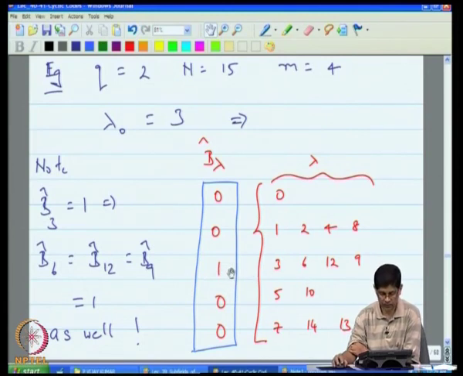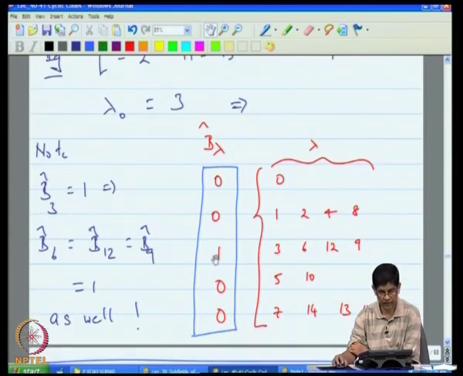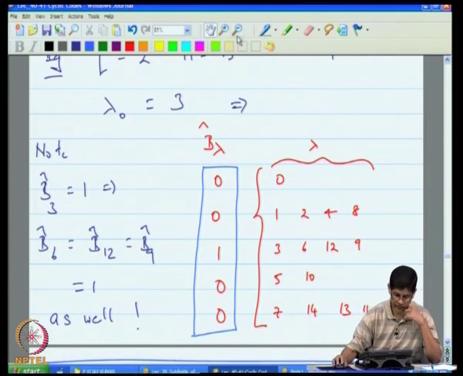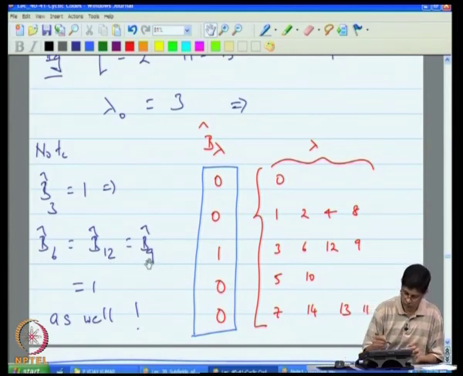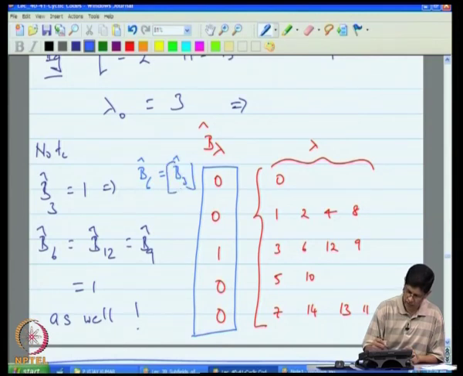So, it actually takes on the same value for every element within a coset. It takes on the value 1 for all the elements in this particular coset, and it takes on the value 0 everywhere else. Once again, that is because if b hat of 3 is 1, then b hat of 6, b hat of 12 and b hat of 9 are all 1, because recall, b hat of 6 is b hat of 3 squared.